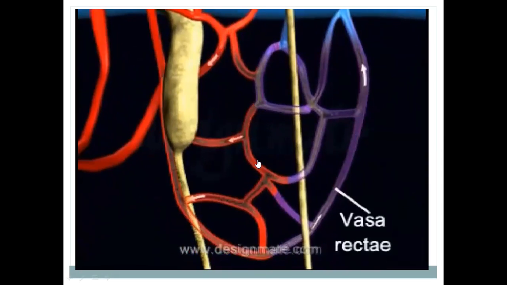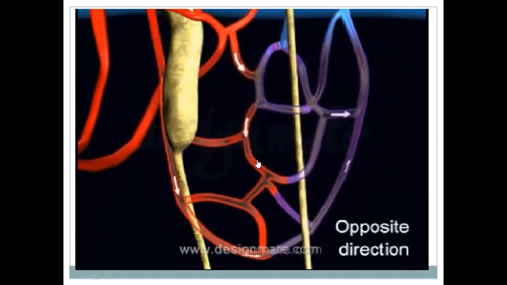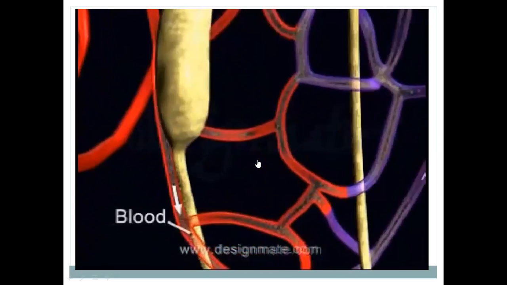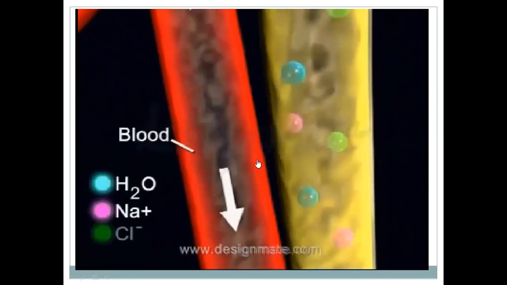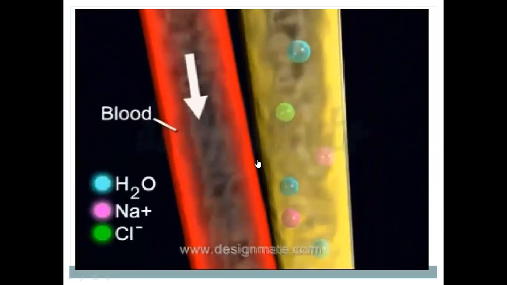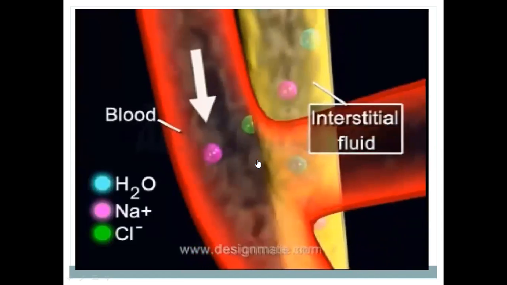Vessels called vasa rectae in the kidneys are found as loops. Blood flows in the opposite direction in the two limbs of each vasa rectae. When blood flows towards the renal medulla, Na+ and Cl- diffuse into the blood from the interstitial fluid.